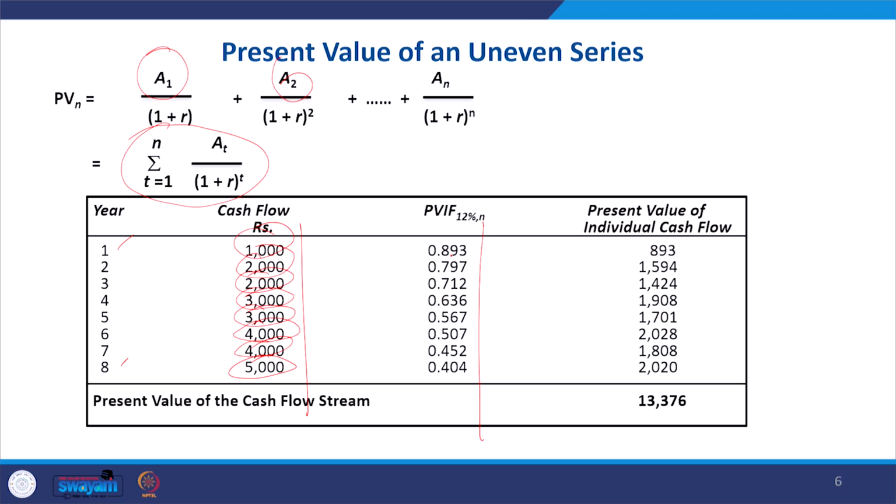If you look for the value in the table, you will find the factor 0.797, multiplying it by the 2000, this value will come. So you are going to calculate the present value of individual cash flows, and the sum total of these values will become 13,376.